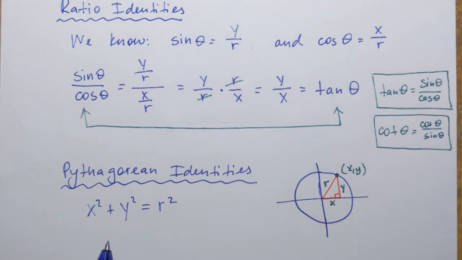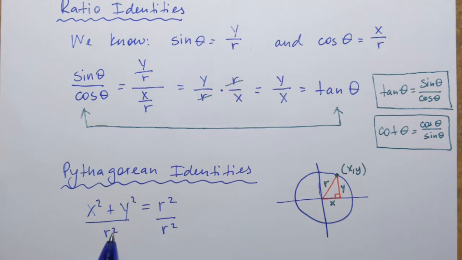What I'll do, I'll manipulate this equation a little bit. I'm going to divide both sides of this equation by the same quantity, and that's going to be r squared. So I'm going to divide the left-hand side by r squared and the right-hand side by r squared. When we divide by the same number on both sides, the equation stays true.